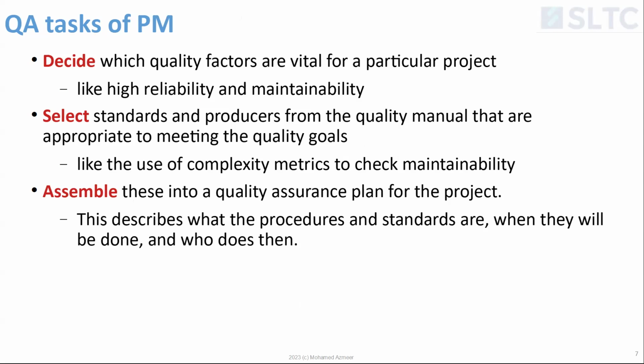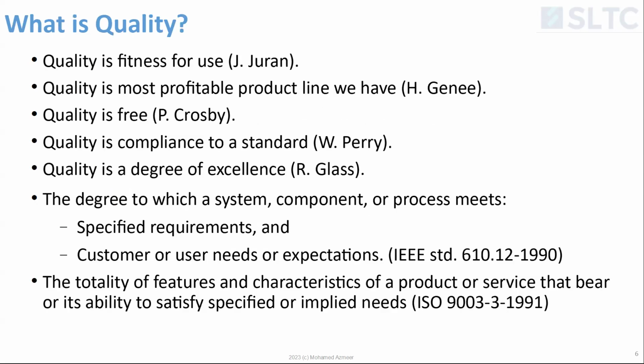Number two, select standards and procedures from a quality manual that are appropriate to meeting the quality goals. So first is deciding the factors. Number two is deciding the standard. Here we saw two, right? IEEE 610 or ISO 9003.